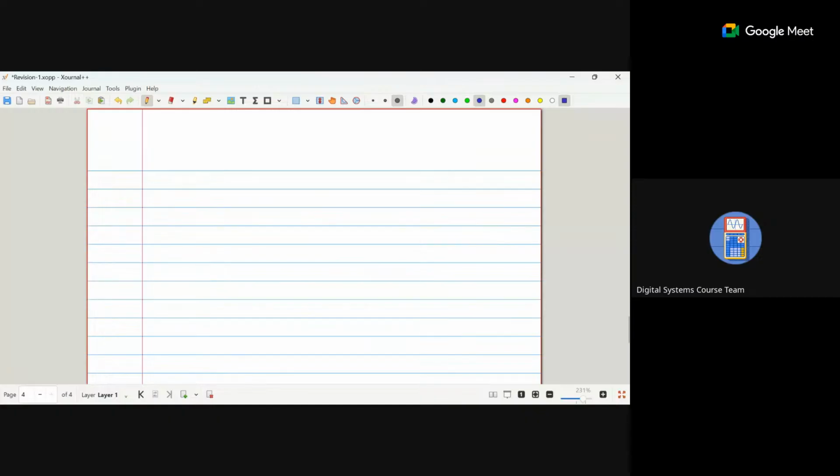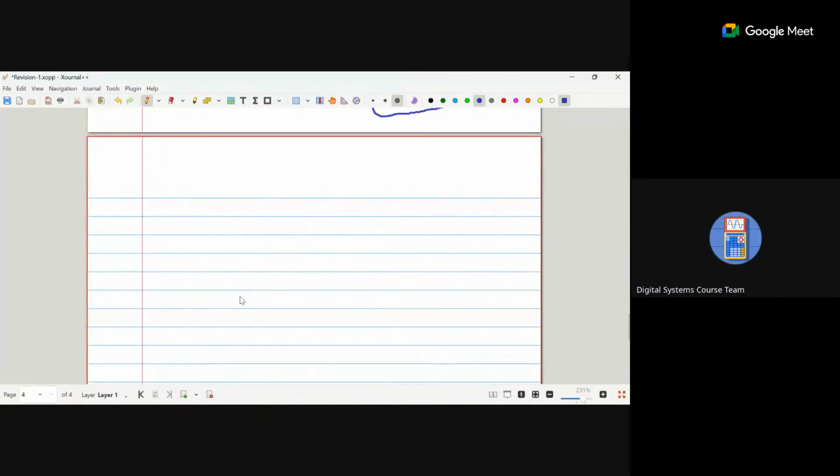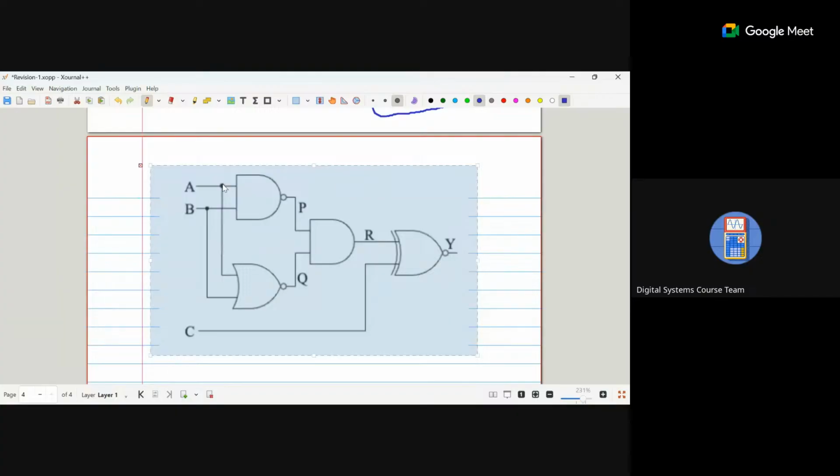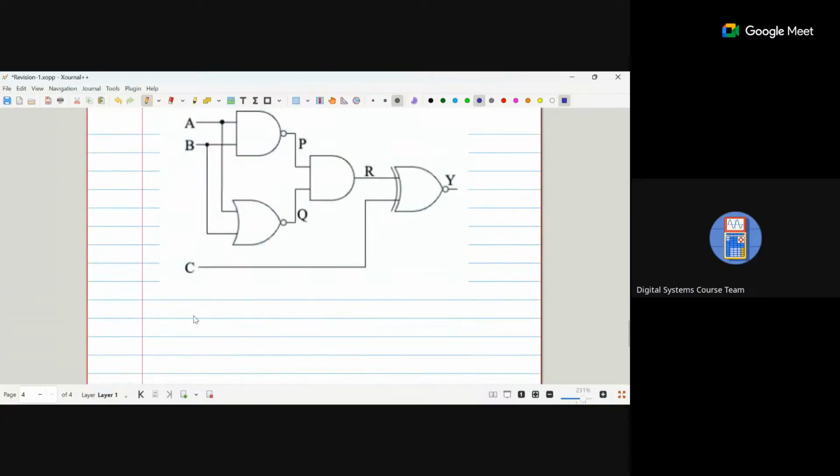Okay. Now for a similar question, let's take the same one. If you have C as 0 and A is equal to B, then what is the value of A? For this, your Y will be equal to 1.